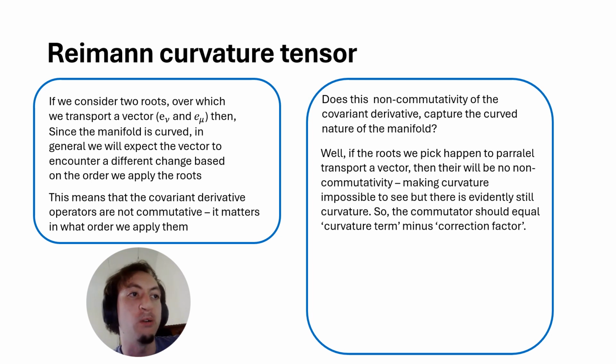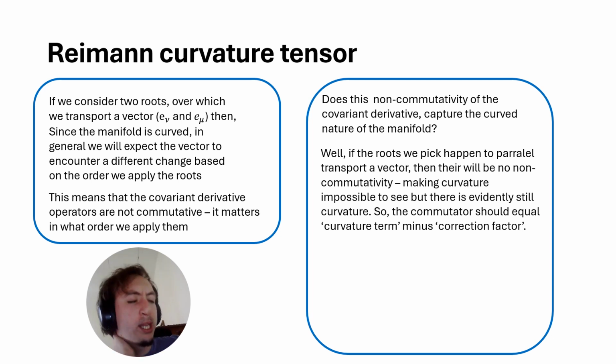The commutator of the covariant derivatives acting on the components of the vector is equal to some curvature tensor multiplied by the components of the vector minus some other term involving components of a vector. And that minus other term will allow the curvature to be non-zero even when the commutator between the covariant derivatives is 0, in the case where we've picked parallel transported paths.